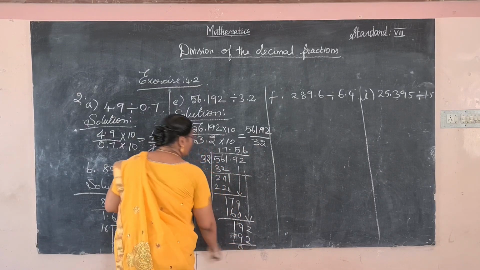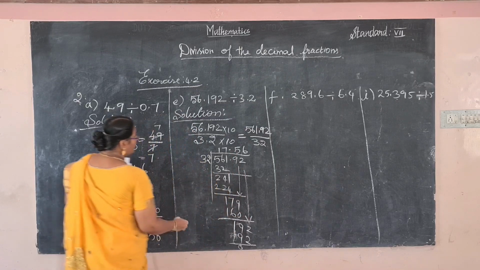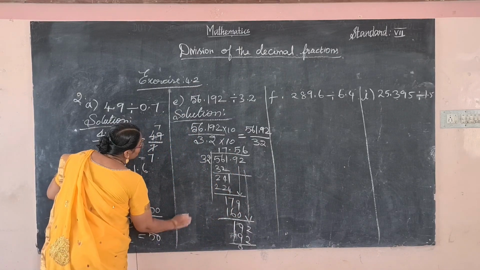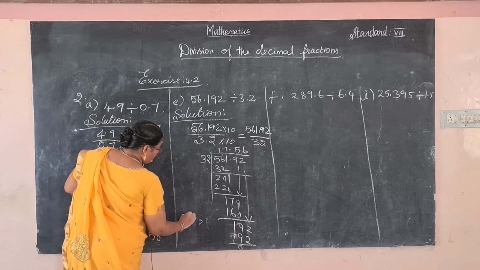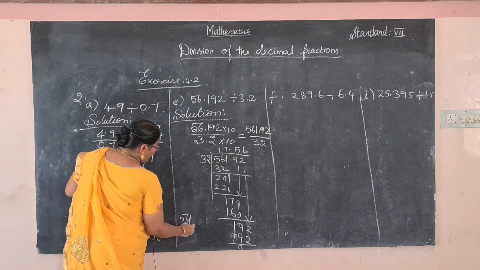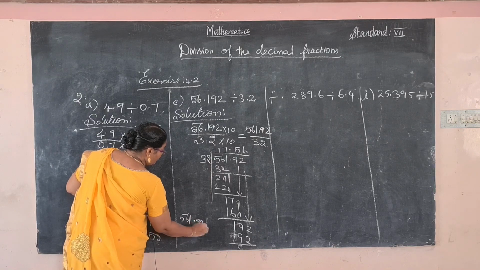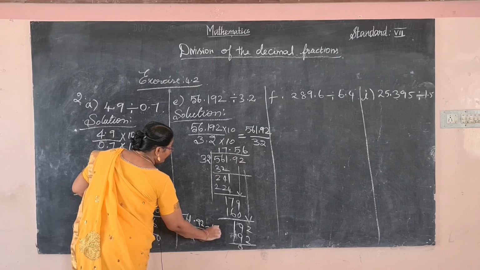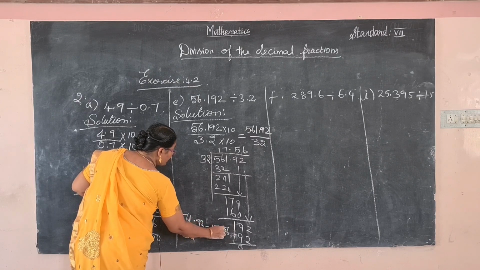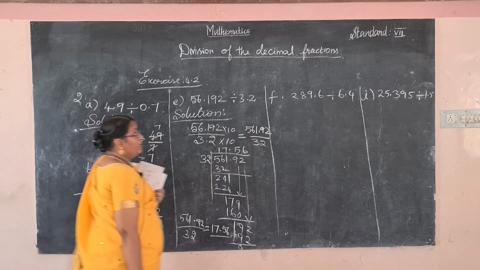The remainder is 0. So 561.92 divided by 32 is 17.56.